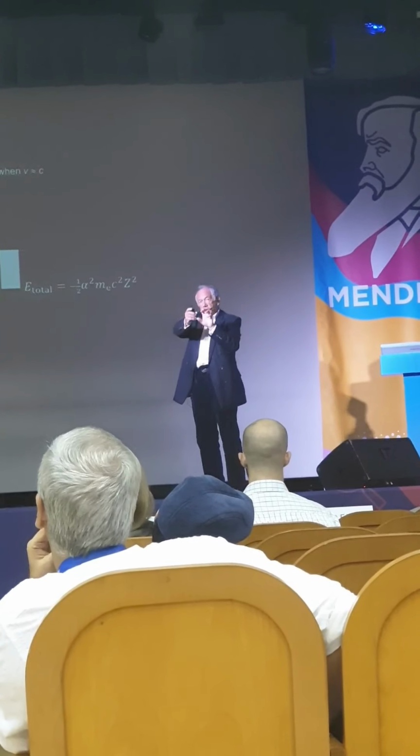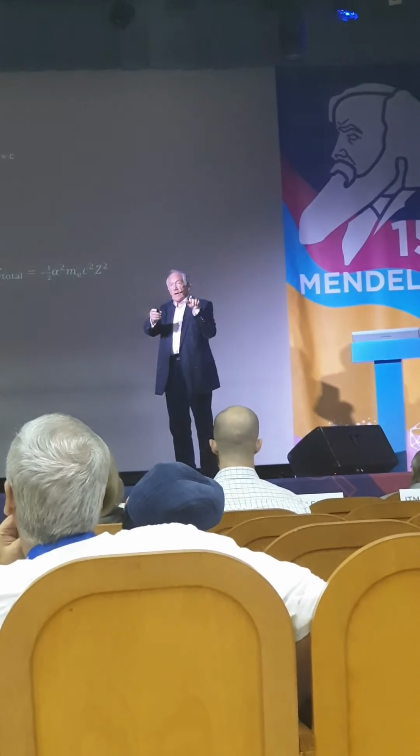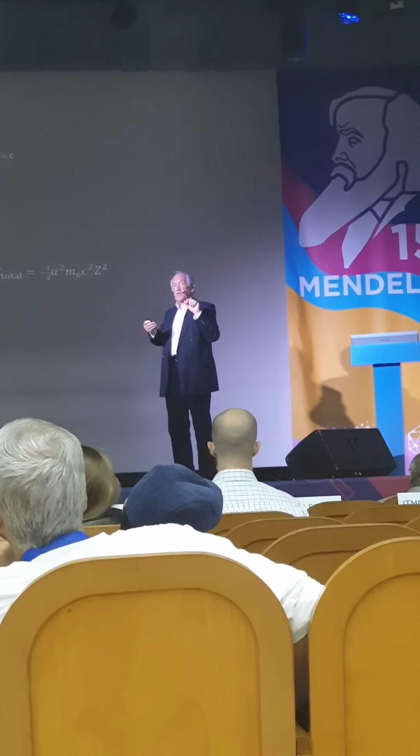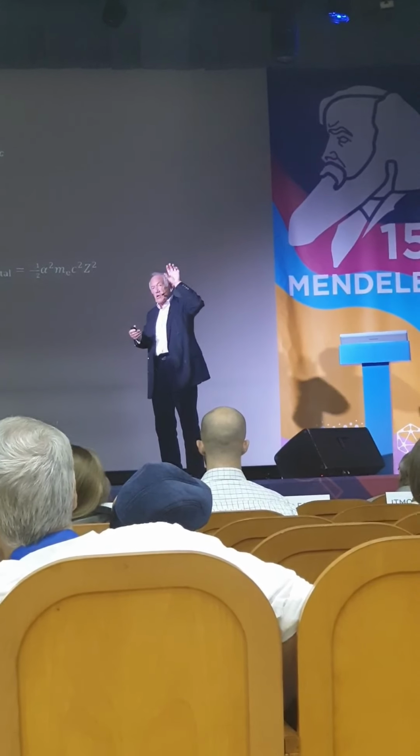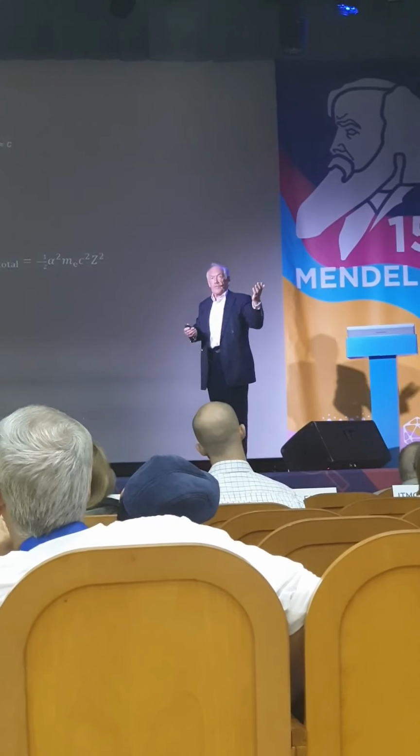So they are bound together by the interaction conveyed by a photon. And the strength with which the electron can catch the photon is also alpha.